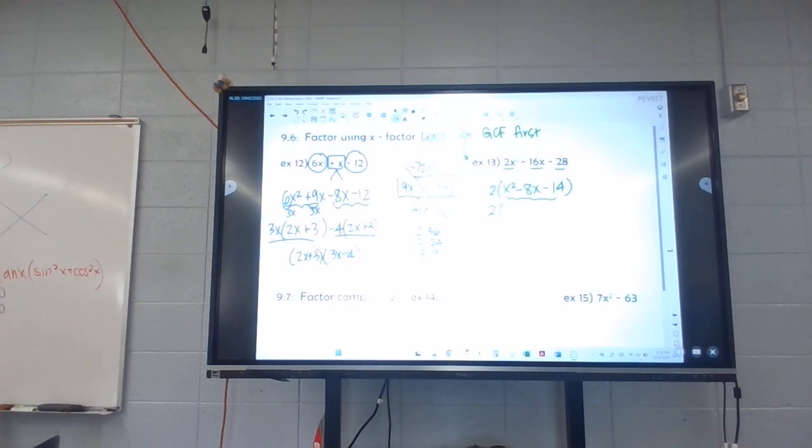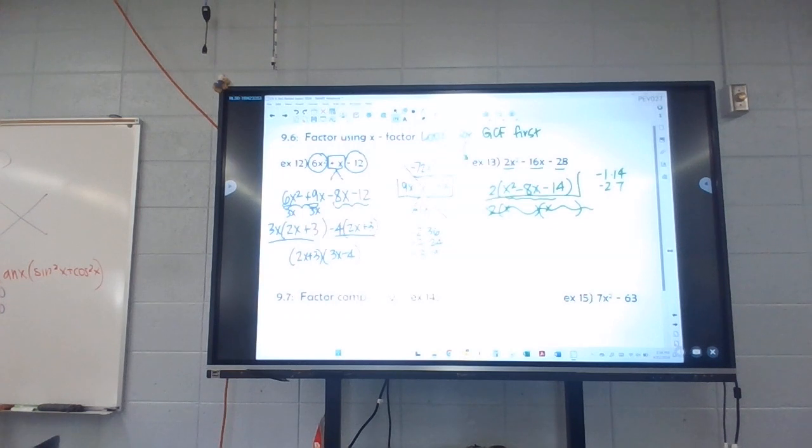I can use that easy type of factoring where I multiply to get 14, negative 14, but add to get negative 8. So this one's a little bit easier, but now that I'm looking at it, I don't know if this one works. Did I divide something wrong? I don't think so. So there's nothing that will work.